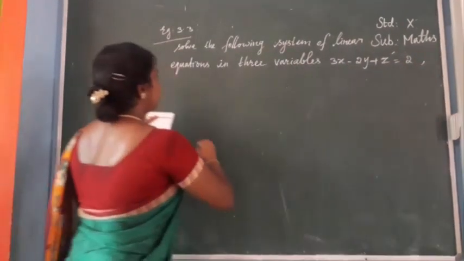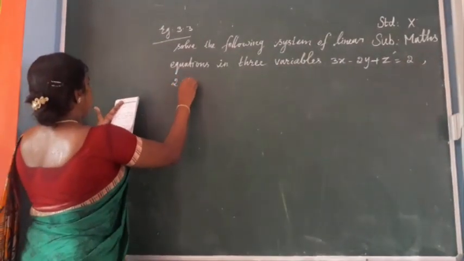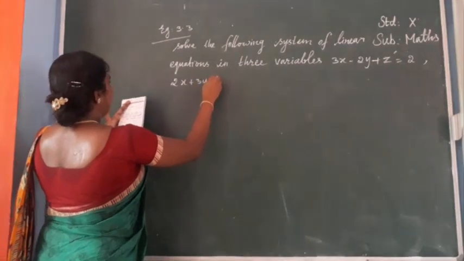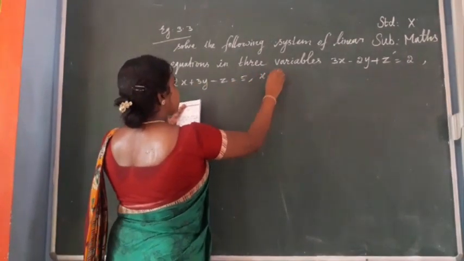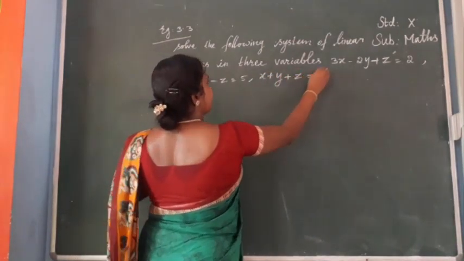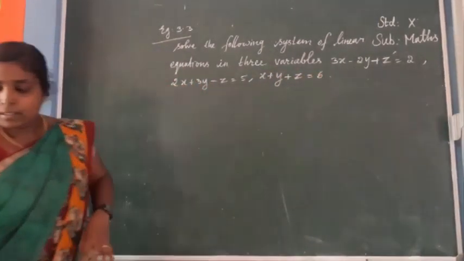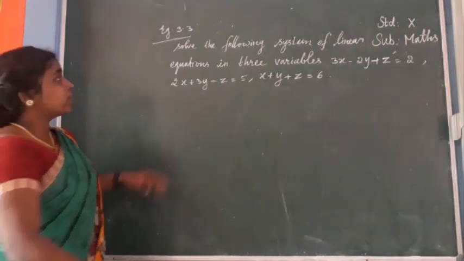Next one is 2x plus 3y minus z equal to 5. Next one is x plus y plus z equal to 6. Okay. You see the question?